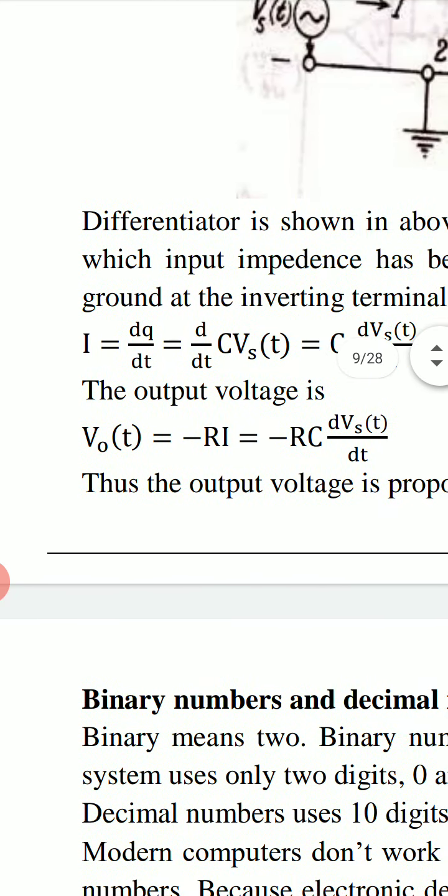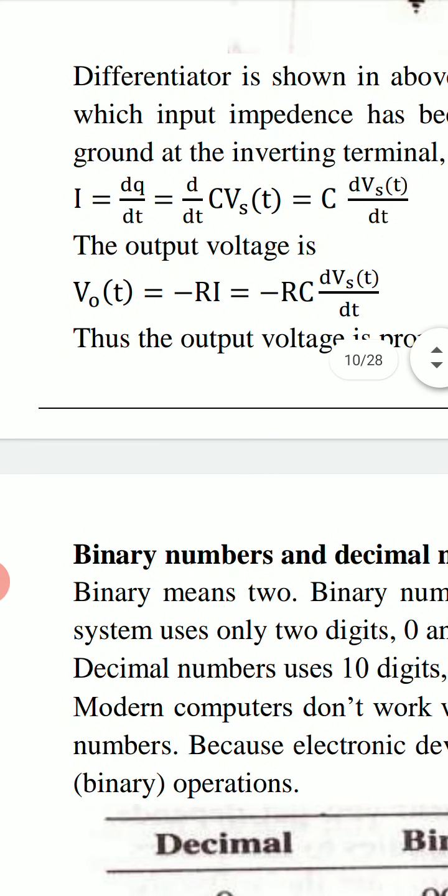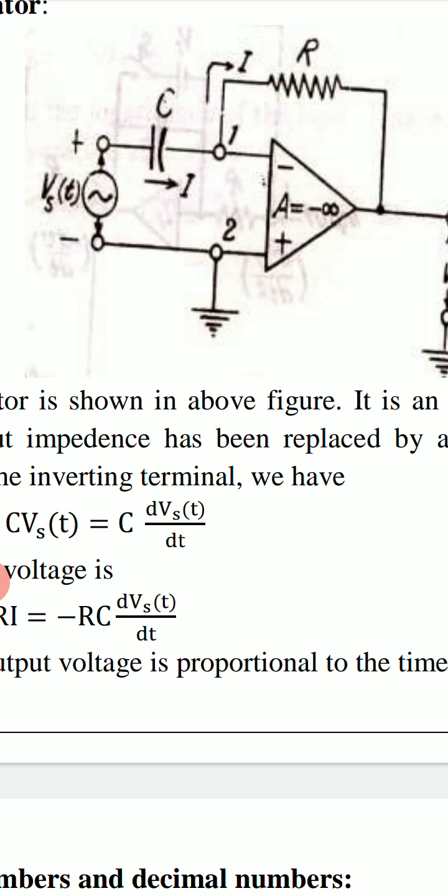The output voltage VO(t) is equal to minus RI, where I is the current which flows through capacitor C. This current I is also flowing through resistance R, through which feedback is added. Because there is a virtual ground between the two input terminals, inverting and non-inverting, no current flows through these two terminals between minus and plus.